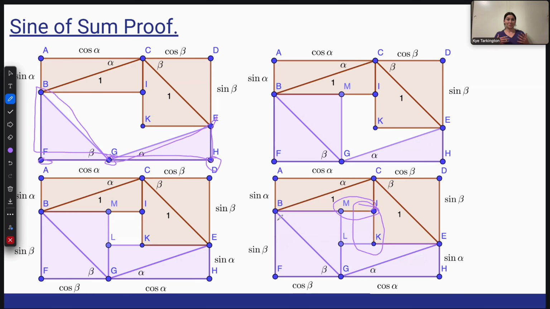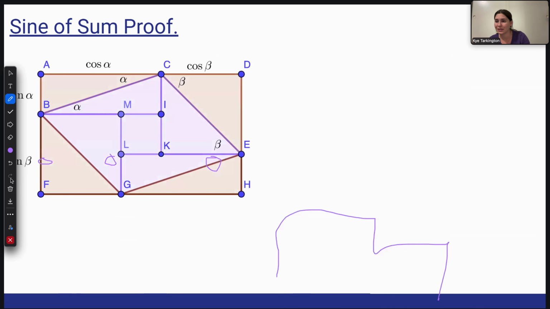So right now we just proved that all of these triangles fit together congruently, the area is preserved, which means this figure that we have here now, this polygon FBIKEH, is equidecomposable to our original BCEG polygon that we have here.